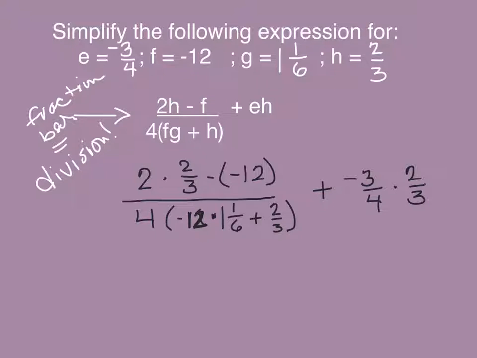Now, I know that our first step in the order of operations is always parentheses, but what you really need to think about here is that the entire numerator, or the entire top above the division bar, is one thing to be done on its own, and that the bottom needs to be done completely on its own before any of that division can take place. So the very first thing that I'm going to do is approach this top one here.